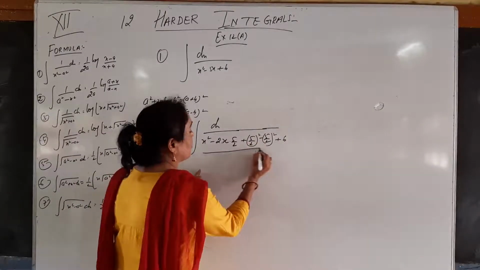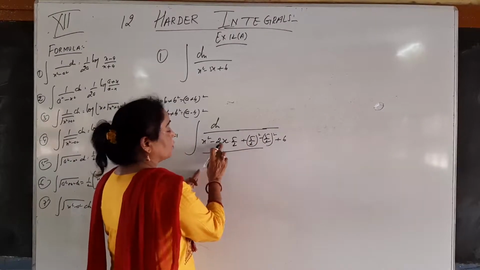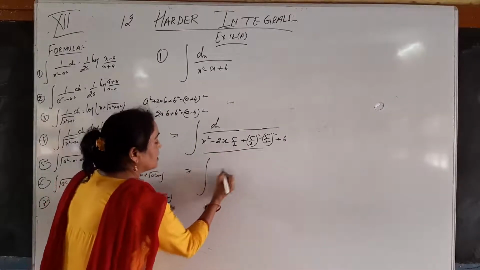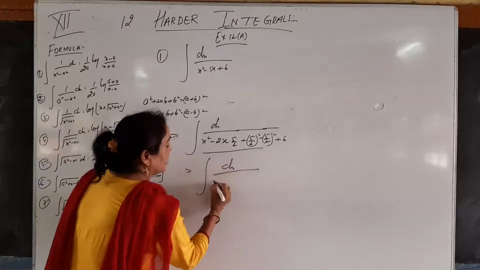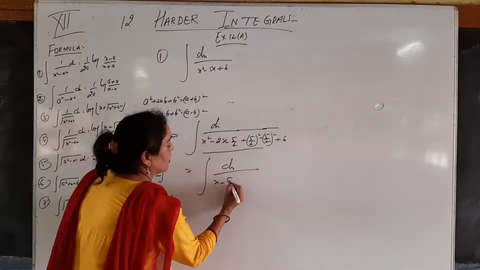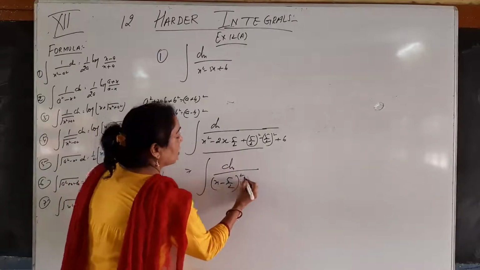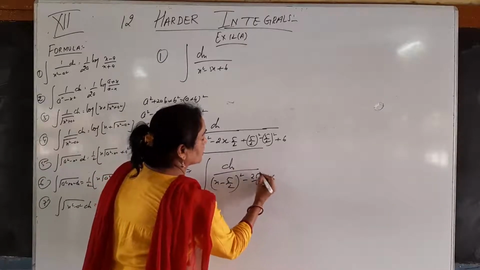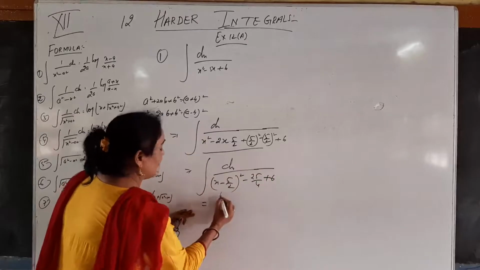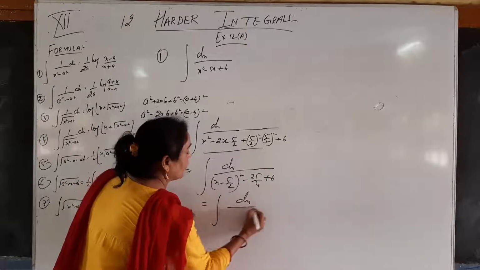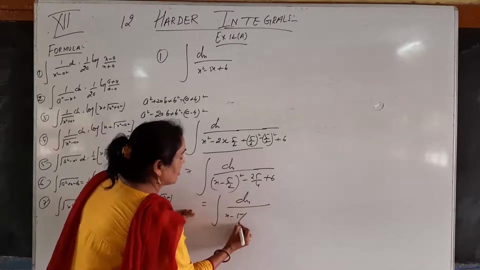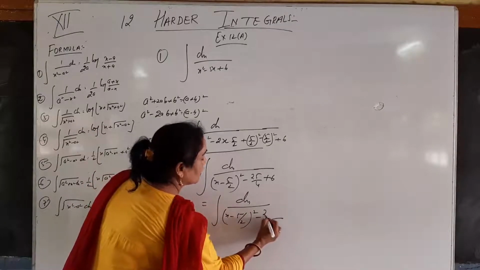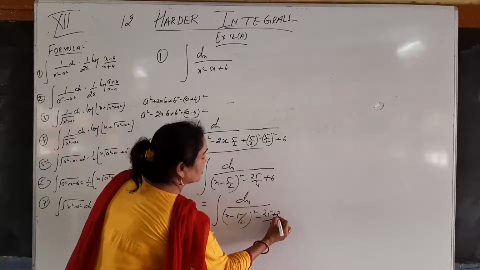अब ये complete किस फॉर्म में आ गया? a square minus 2ab plus b square, that is a minus b whole square. So we will get here dx upon x minus 5 by 2 whole square minus, ये क्या हुआ, 25 by 4 plus 6. Again simplify, so dx upon x minus 5 by 2 whole square minus, take LCM 4, 25 minus 24.